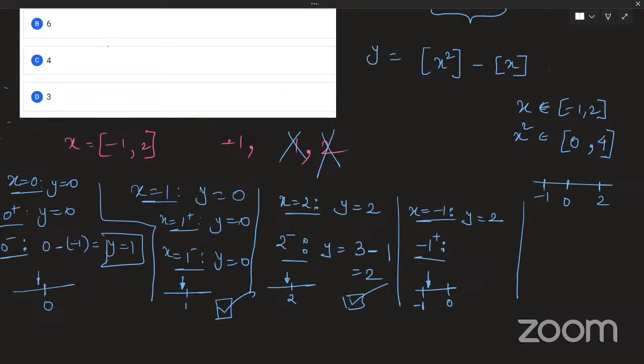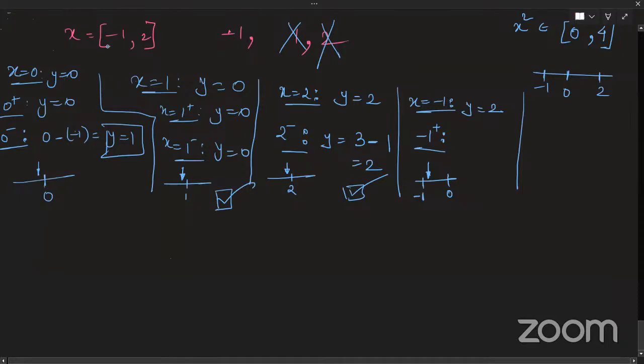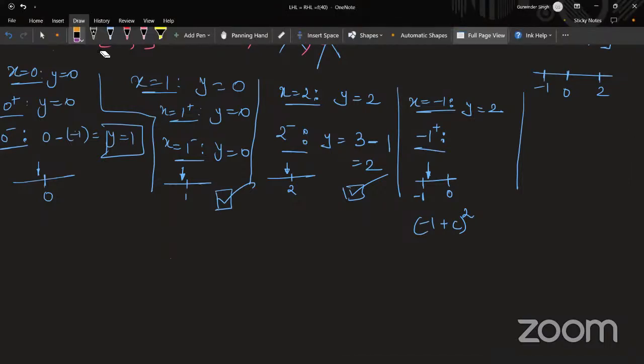Think. I'm taking a value that's just greater than minus 1. So it's minus 1 plus something, and I'm squaring it. And I'm asking you, is the value of this square greater than 1 or lesser than 1?